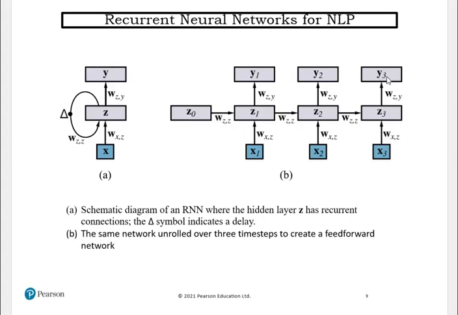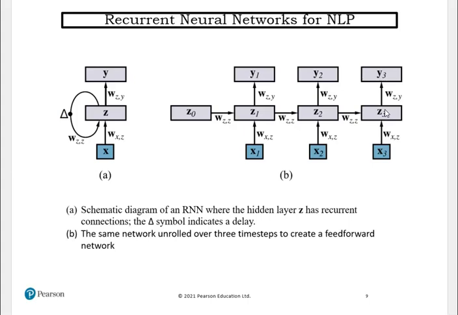So the problem with that is our entire decision is only based on the final hidden layer, which is Z3 in that case. Okay, so this can implicitly bias the model to pay more attention towards the end of the sentence and forget what was said earlier in the sentence.